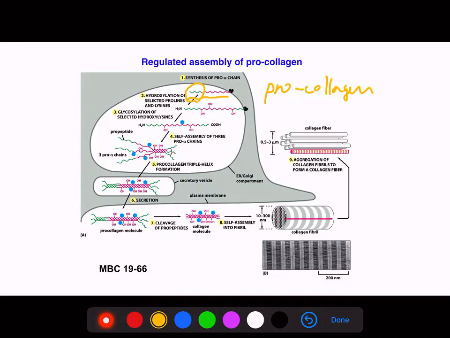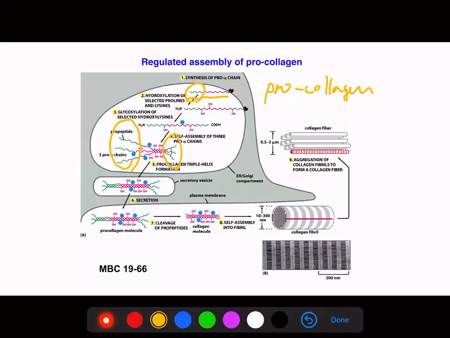So, there will be some modification, glycosylation occurs in the hydroxylysine. And then there will be undergoing modification. And then I think that triple helix assembly begins with still having some pro-collagen domain here.